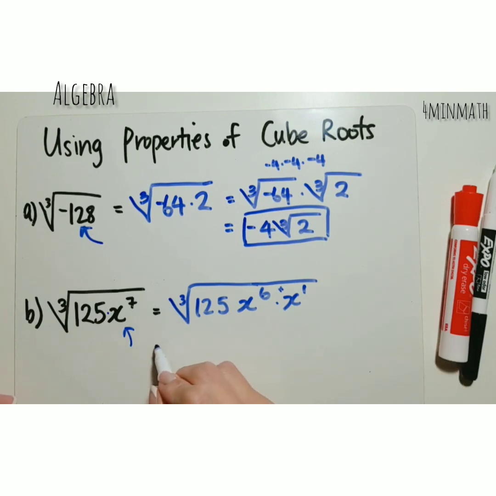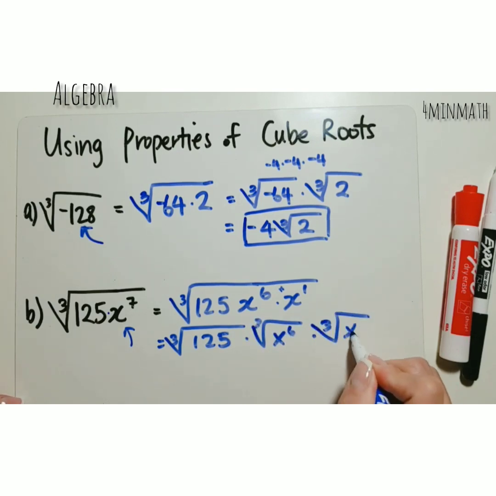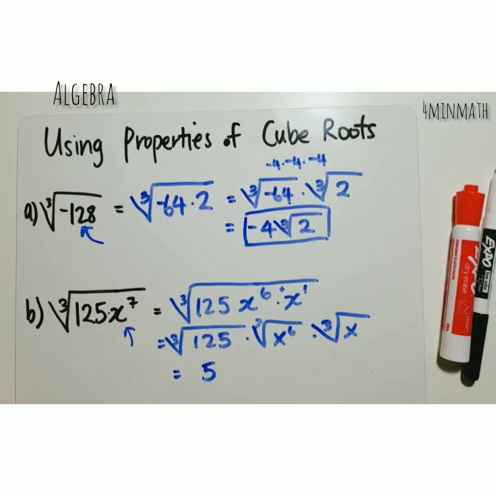So if I break everything apart, it's cube root of 125, again, you can skip this part, times cube root of x to the 6th times cube root of x to the 1st, which is x. Then I know this is 5, because 5 times 5 times 5 is 125, a perfect cube. Then this one also I can take out.